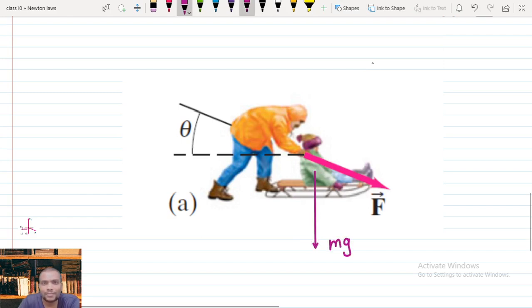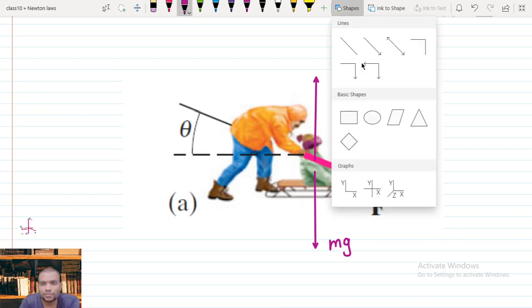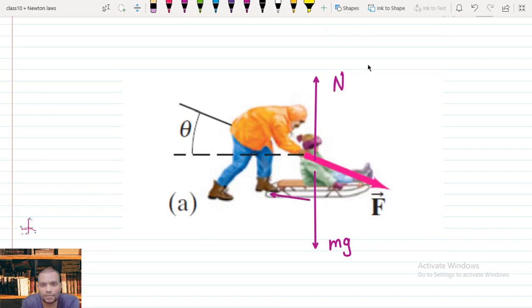To balance the weight upward, one force always exists, and that force is the normal reaction force. And in this situation, apart from these two forces, there is a friction force. We cannot forget the friction force, which acts between the surfaces of the sledge and the bottom surface.